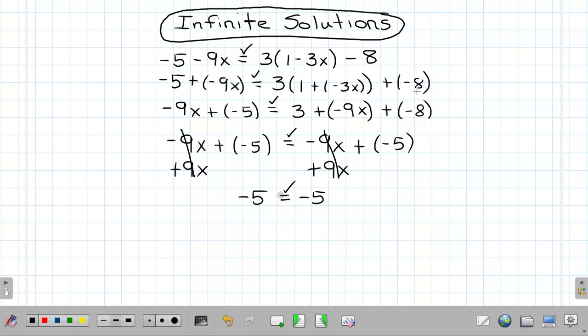You could plug in 0, you could plug in negative 50, you could plug in negative 87, you could plug in whatever numbers you want for x, and this will always be equal because in the process of solving our equation, we get down here and we get something that is obviously true. Negative 5 is equal to negative 5. So since we have something down here that's true, that tells us that there are infinite solutions.